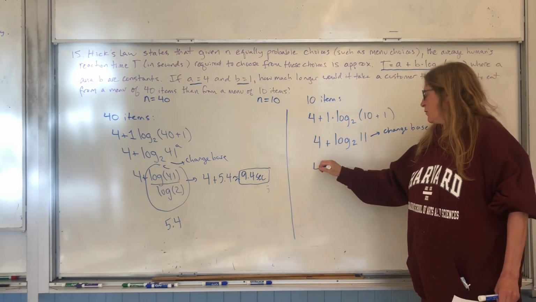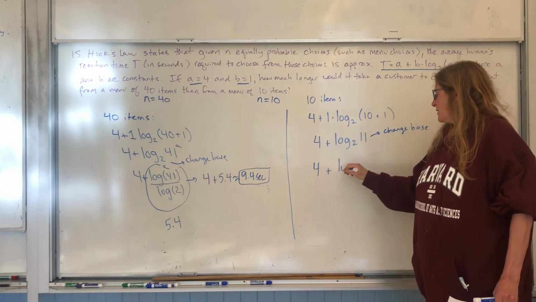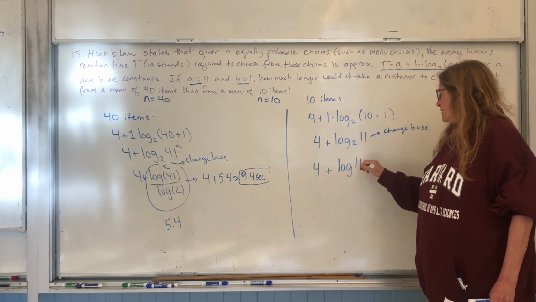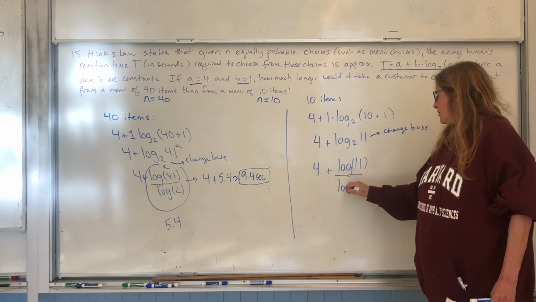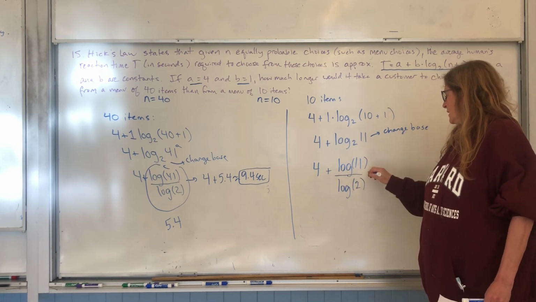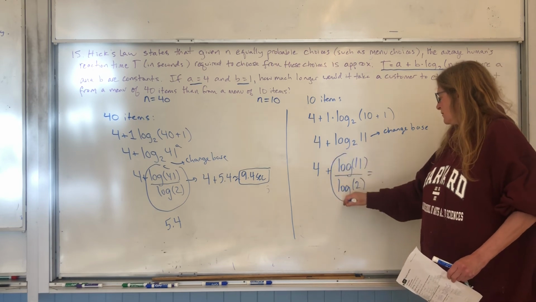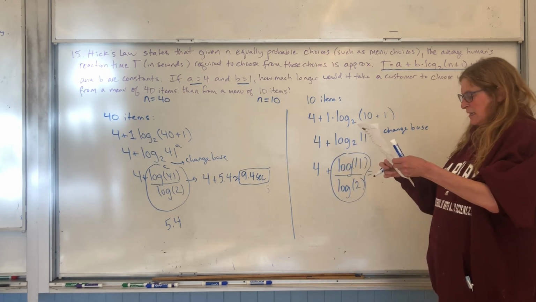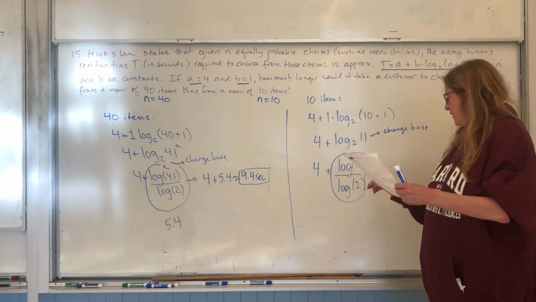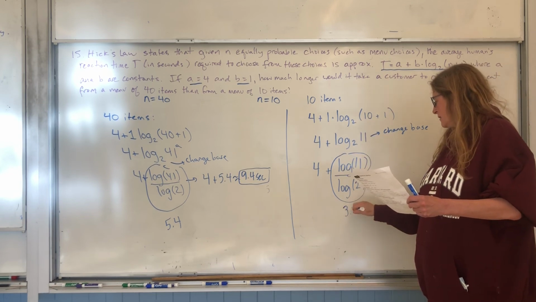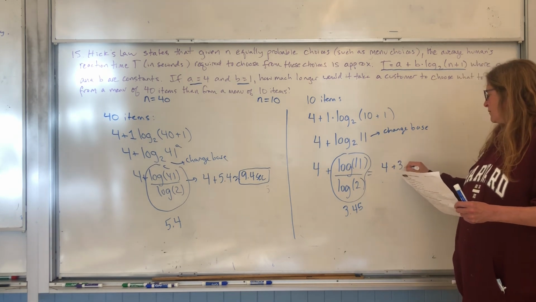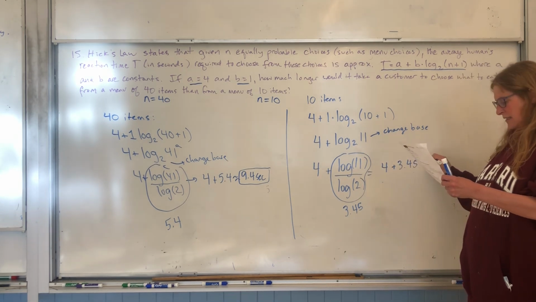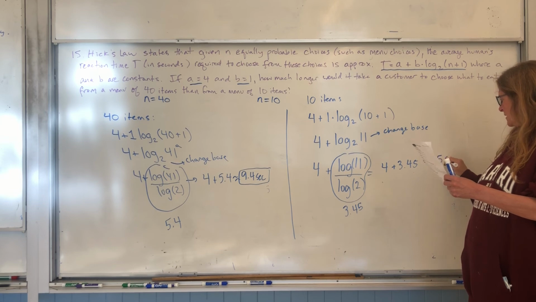So it's 4 plus log 11 divided by, and I'll remind you of the parentheses, log 2, which on my calculator is approximately 3.45. If I add 4 plus 3.45, I get 7.5 seconds.